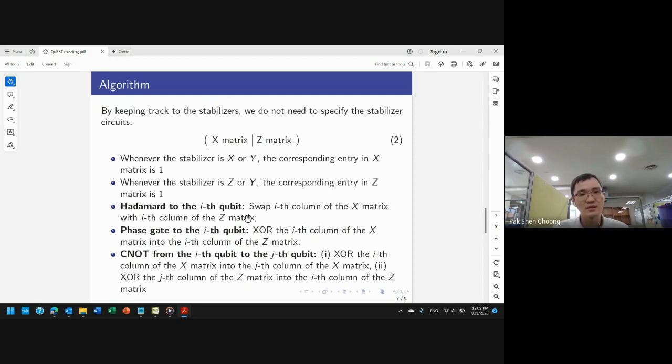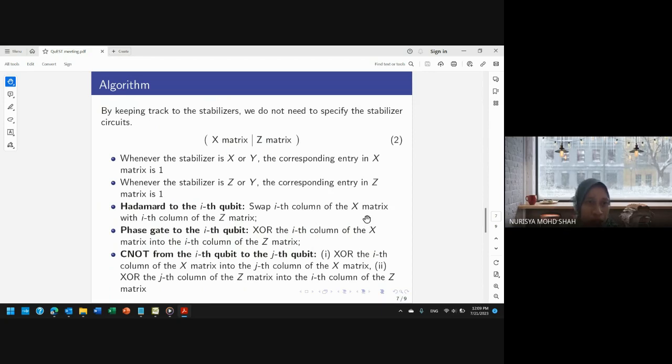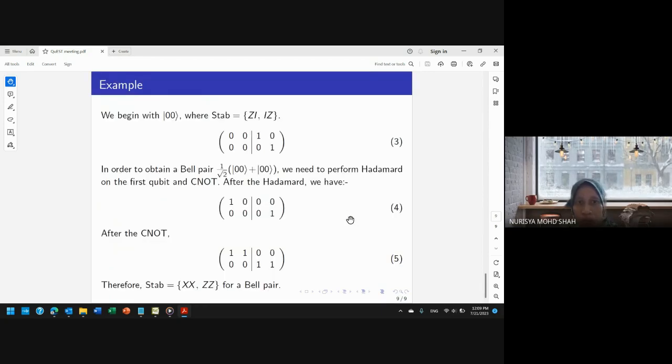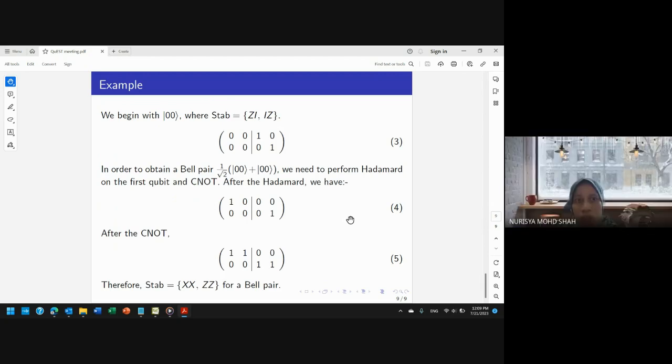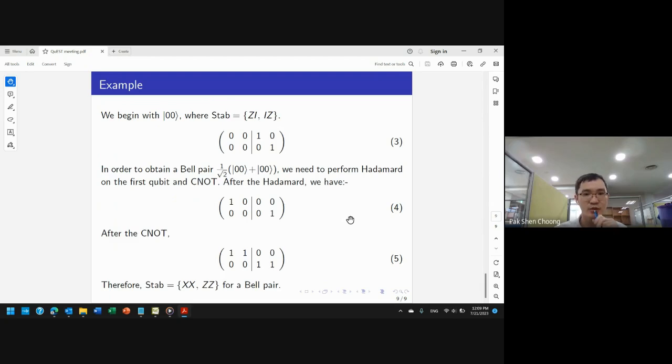Okay. So let's say if I start with the initial state 1, 1, can I still get, in order to obtain a Bell pair? I think you will get a different Bell pair. A different Bell pair. It's not the 00 plus 11, because for Bell pairs you have four different bases, right?